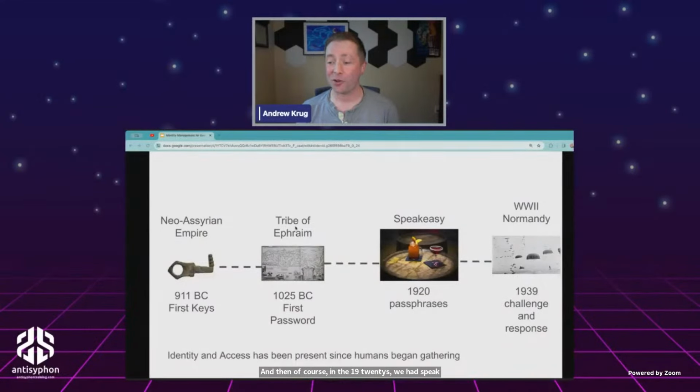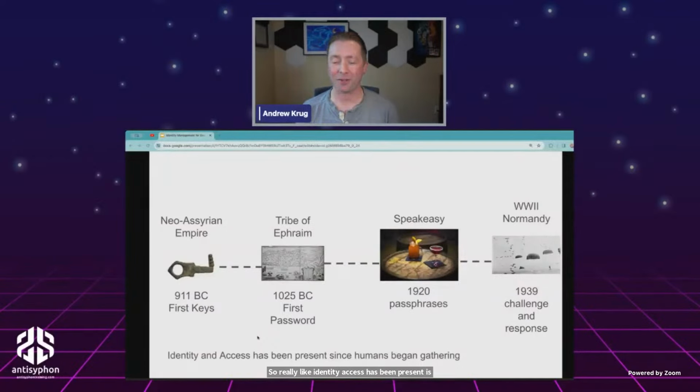And during World War II, paratroopers would do a challenge and response, where somebody had to give the right challenge and then give the right passphrase back in the form of a response, and then they knew that they were good to jump.